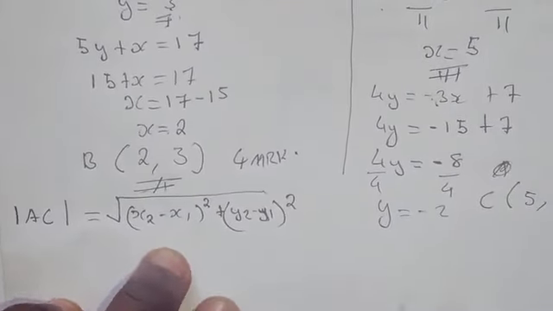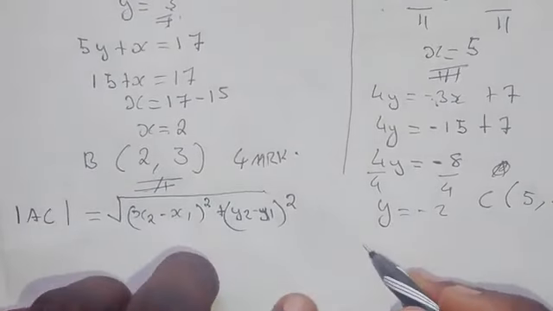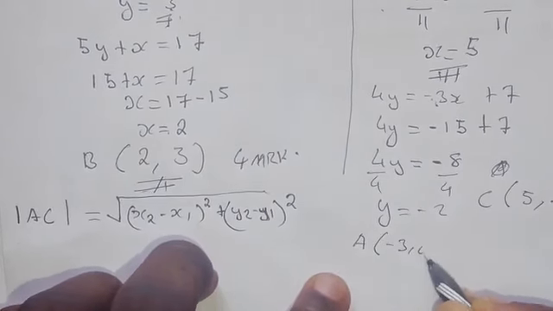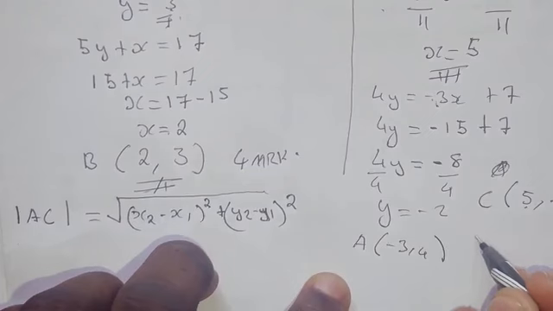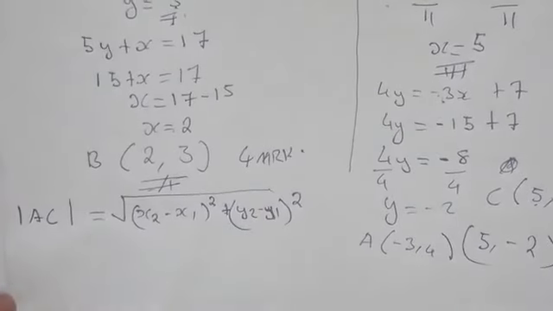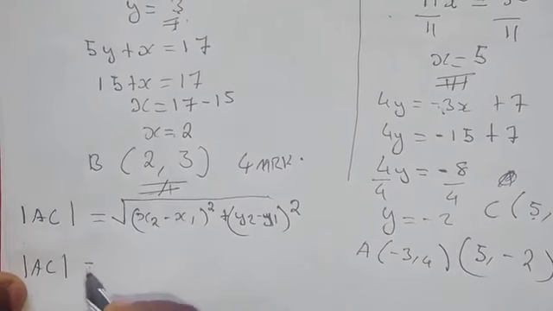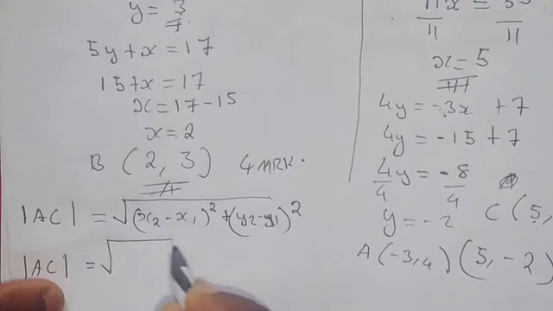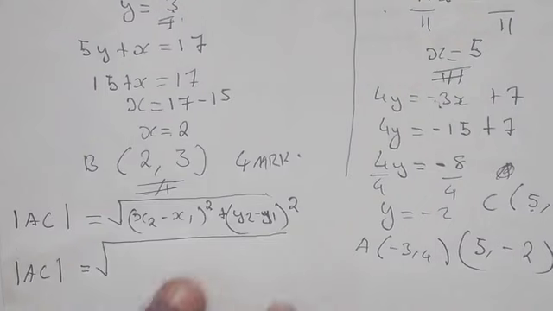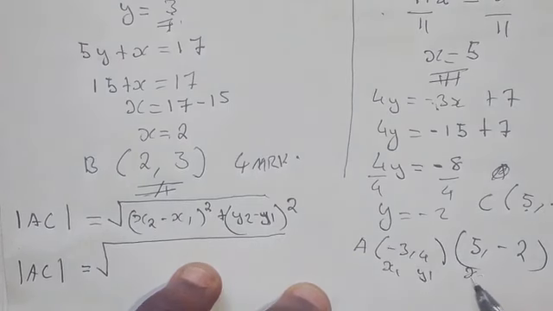So let's now write our coordinates so that we don't get confused. We have A, which is negative 3, 4, and our C, which is 5, negative 2. So the magnitude of AC is equal to the square root of, and let's label this x1, y1, and x2, y2.